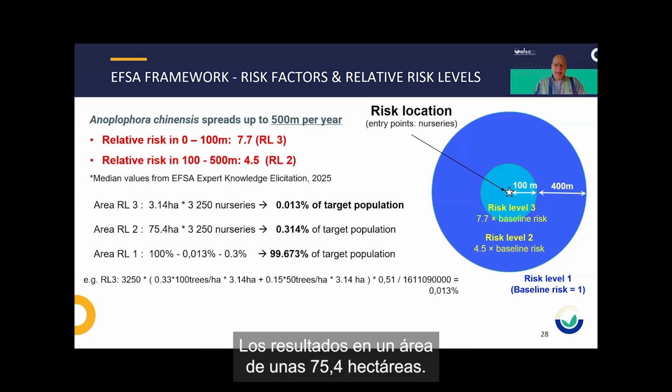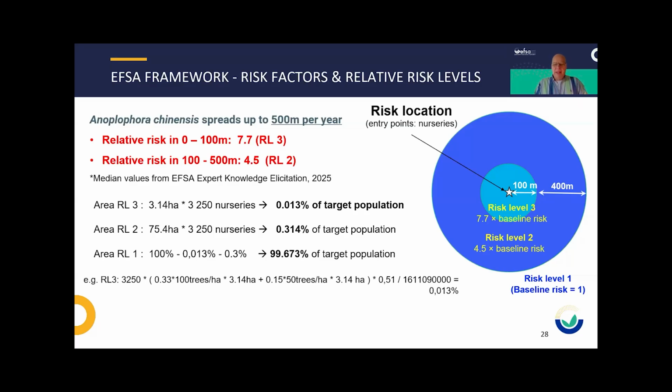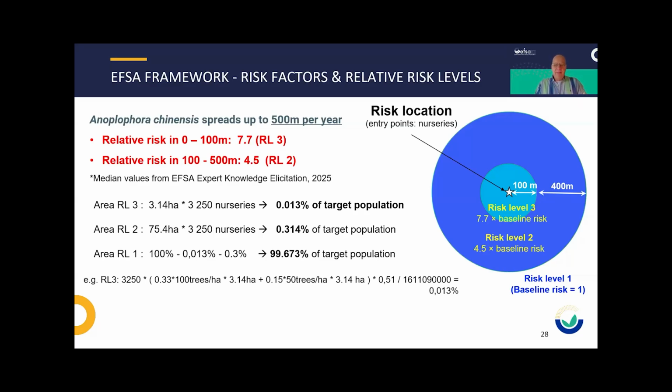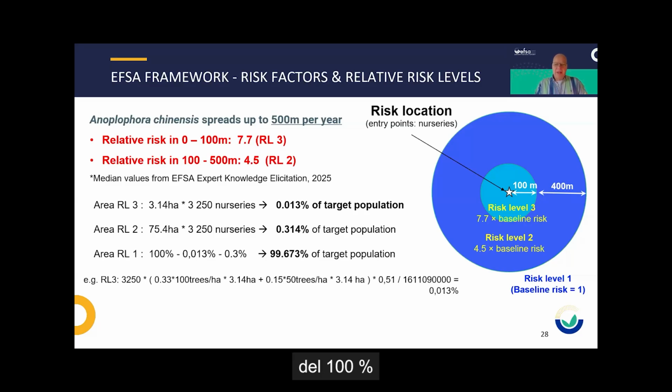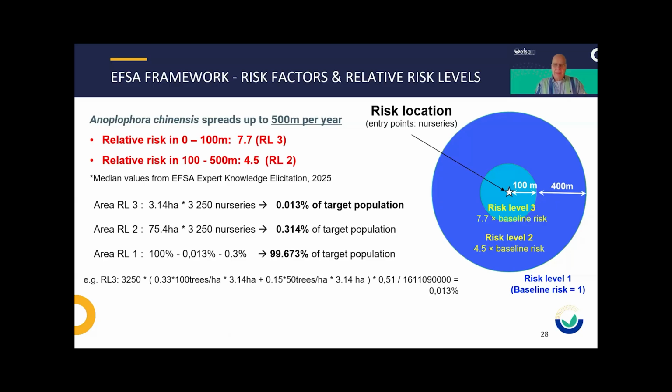Then you will end up with this 75.4 hectares, multiplying this with 3,250 nurseries. Then we know at the end that of our target population, 0.314% is contained in risk level 2. And all the remaining, so we are subtracting 100% by the 2 percentages that we have calculated, we end up with 99.673% of the target population in the standard basic risk level.